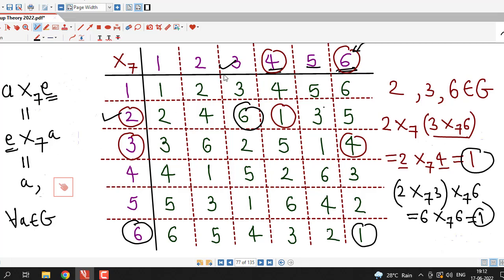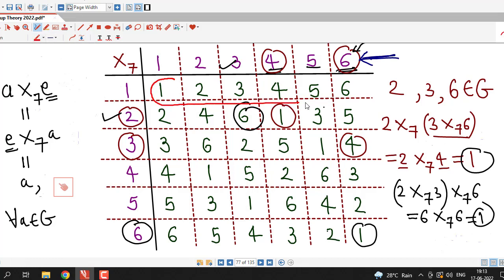So out of these 1, 2, 3, 4, 5, 6, which element will work as the identity element, that we want to decide. If you recall, in some of the previous lectures I have shown you the trick for deciding the identity element. For that we look for the row identical to this row in the composition table. You can observe the row identical to this row in the composition table is the first row.